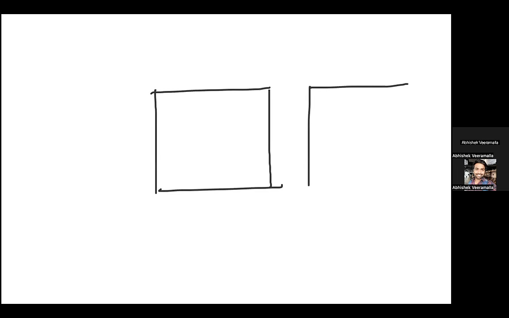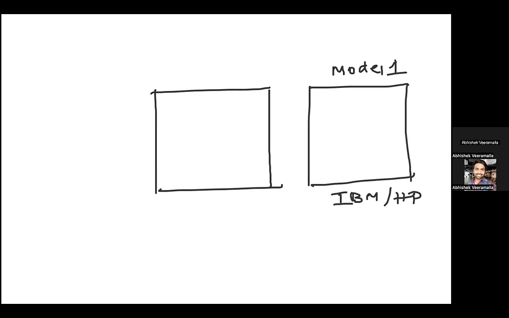Containers can be created in two ways. One is you can create containers on top of virtual machines, and the other is you can create containers on top of physical servers as well. Let's say this is model one, where a DevOps engineer will use IBM or HP servers in his organization's data centers.